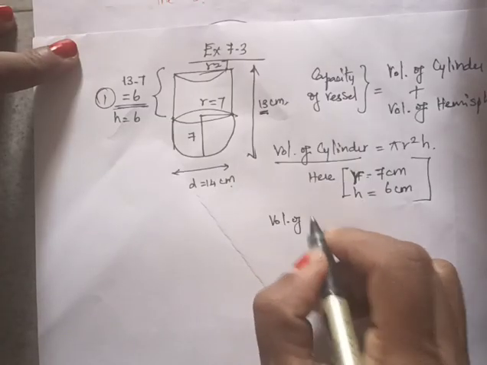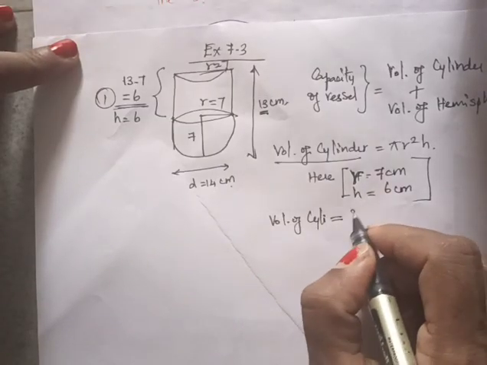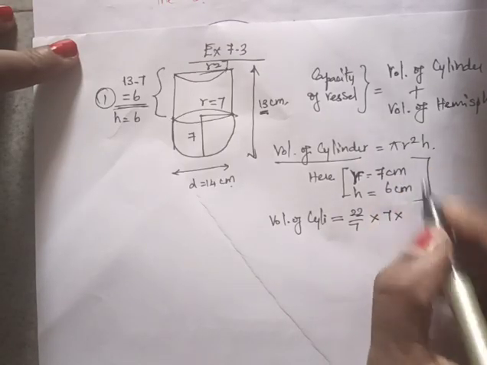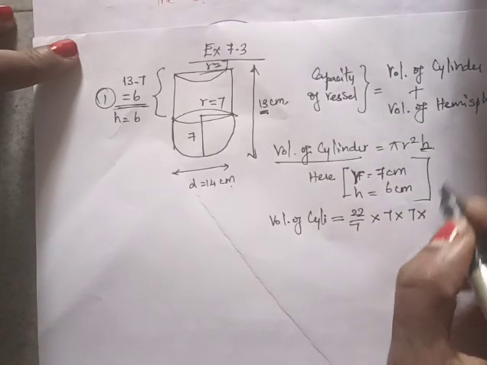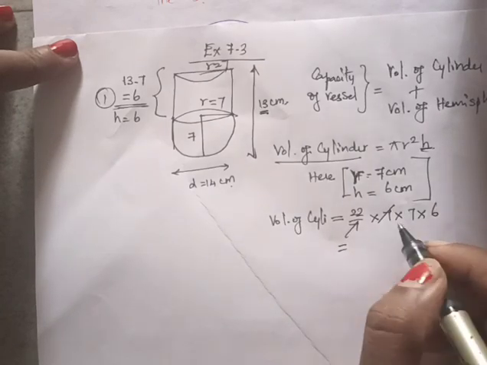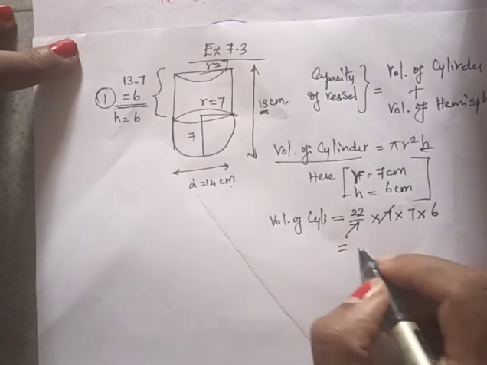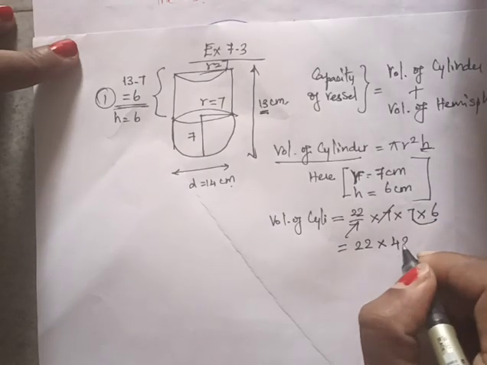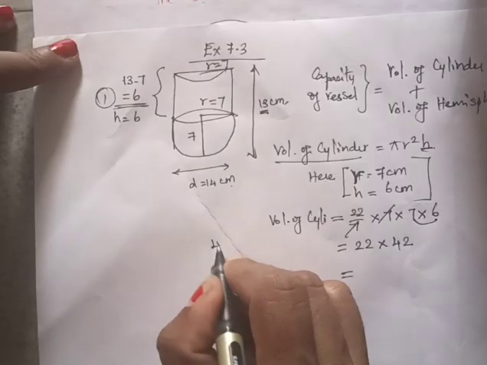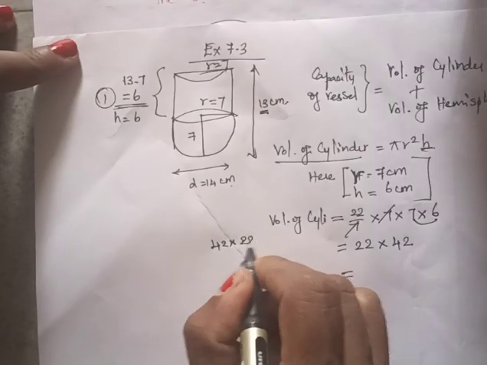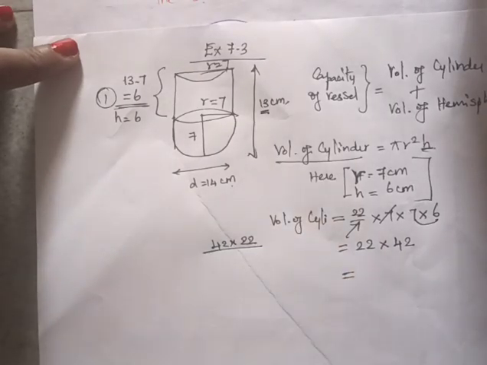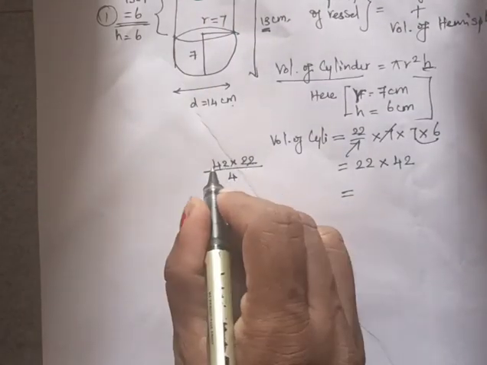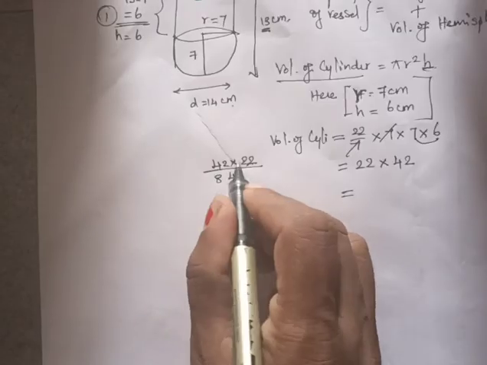Volume of cylinder is equal to pi value 22 divided by 7 into r squared, 7 into 7, into h value 6. 7 gets cancelled. 22 into 7 6s are 42. 42 into 22. 2 2s are 4, 4 2s are 8.